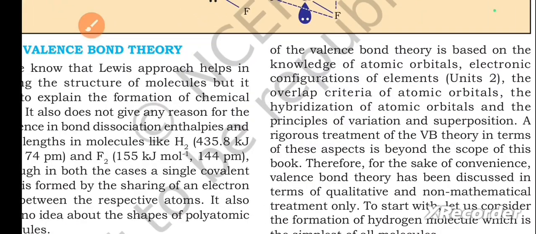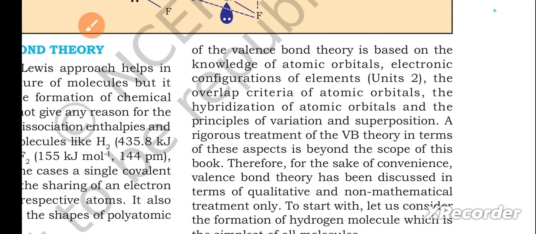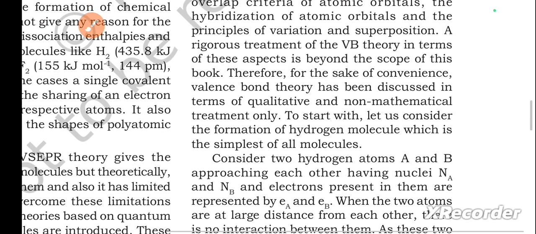A discussion of the valency bond theory is based on the knowledge of atomic orbitals, electronic configuration of elements, the overlap criteria of atomic orbitals, the hybridization of atomic orbitals, and the principles of variation and superposition. A rigorous treatment of the VB theory in terms of these aspects is beyond the scope of this book. Therefore, for the sake of convenience, valency bond theory has been discussed in terms of qualitative and non-mathematical treatment only.